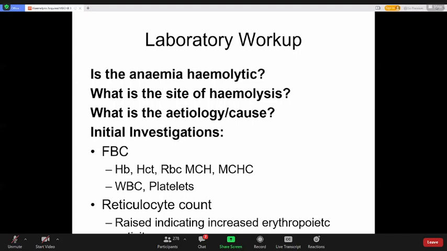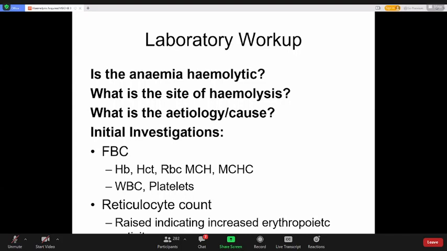So in the initial investigations, we look at the full blood count, and of course, you're going to look at what the red cell looks like. You're going to look at the red cell indices and the red cell values and parameters, all right, which I've listed there. The second investigation is to look at reticulocyte count, and I'm sure you went through this. You know that in hemolytic anemia, or where you have destruction of the red cell, reticulocytes rise, they go up. And you know the normal reference value of reticulocyte count in children and in adults, okay?